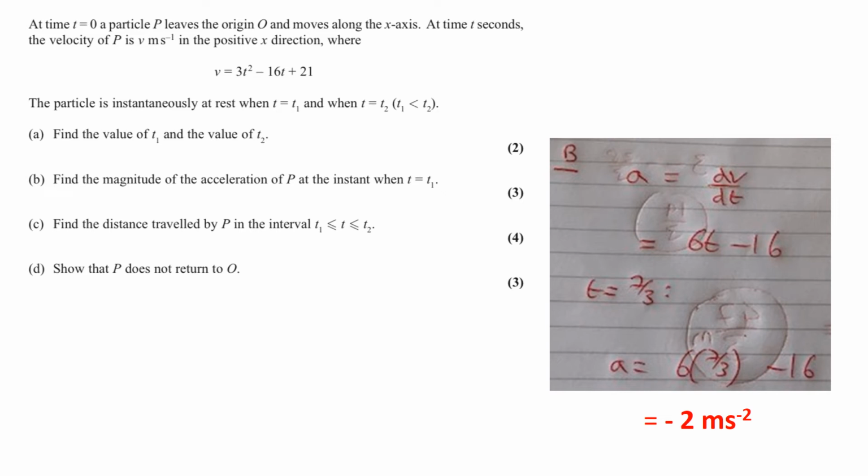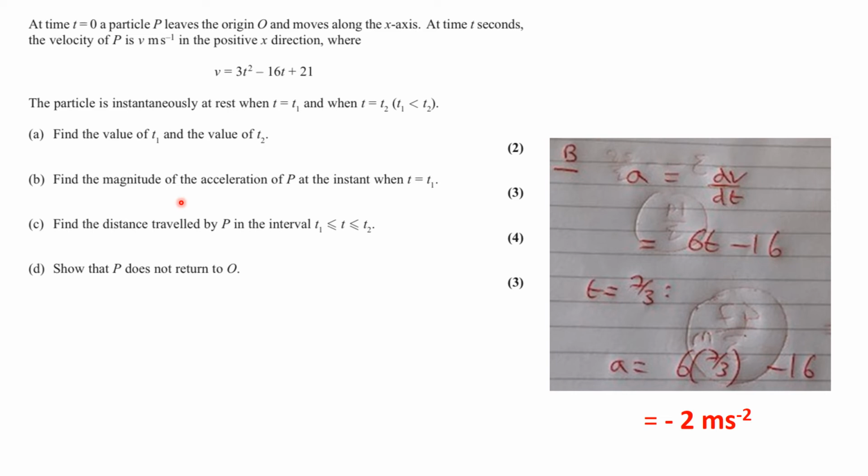Now, where a lot of students might slip up is the fact that the question asks us the magnitude of the acceleration. So effectively we've got a deceleration here, but it asks the magnitude. The magnitude of the acceleration is the size of the acceleration, not the direction. If it said find the acceleration, that would have been our answer, -2 meters per second squared.